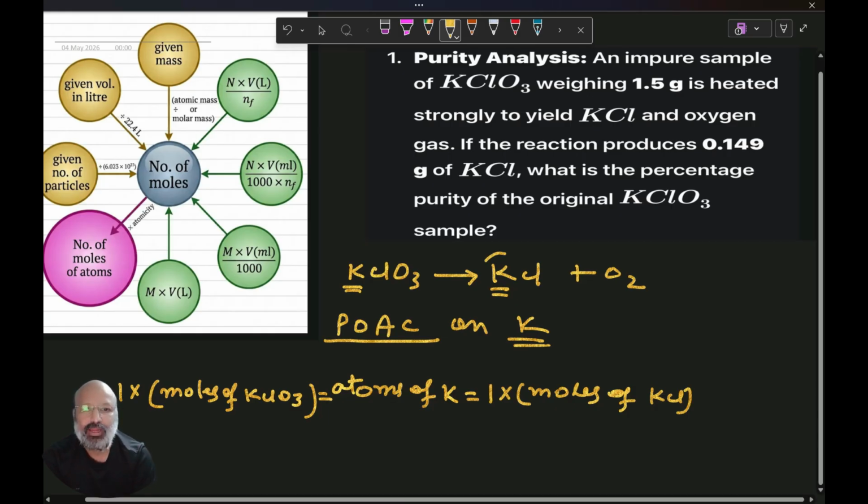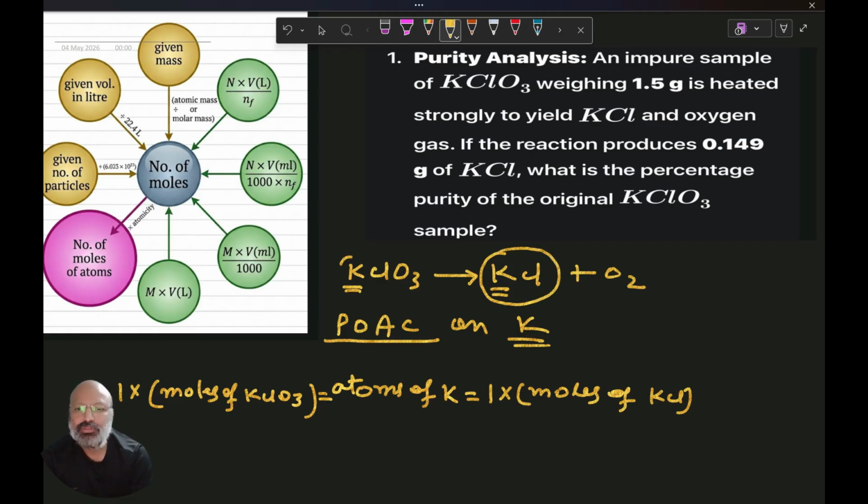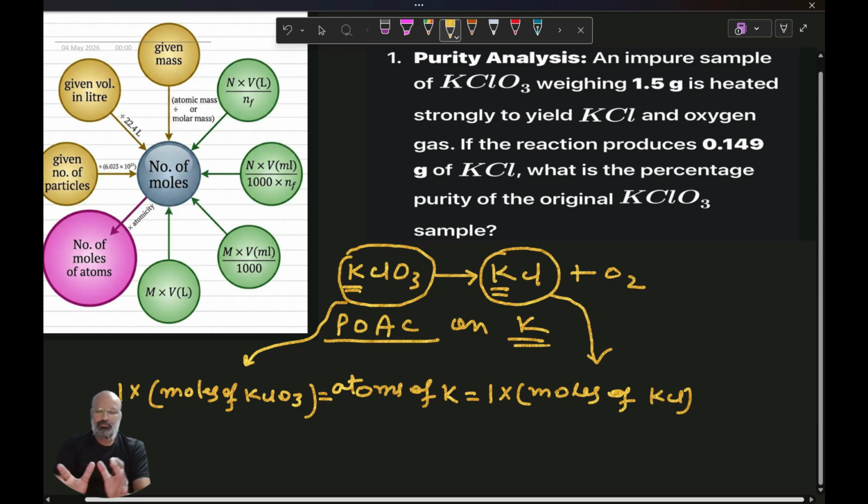Whatever atoms of potassium are present in KCl must be equal to the number of potassium atoms present in KClO3. That I have written on the left hand side, and this one I have written on the right hand side. Now, when this equation is set, I'll convert the amount of KClO3 into moles and the amount of KCl into moles.